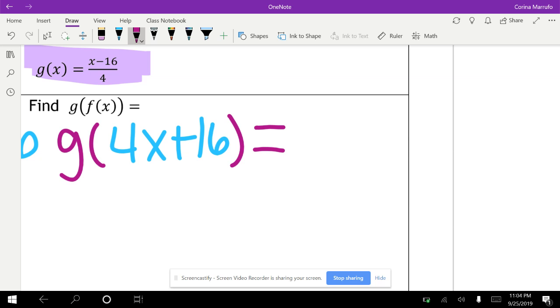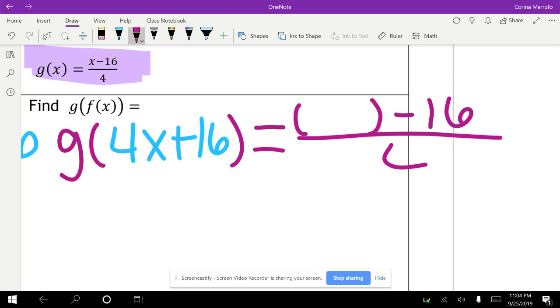And so my g function is x minus 16. So we're going to put a blank minus 16, and we're going to divide it by 4. And in that blank, we are going to put 4x plus 16.